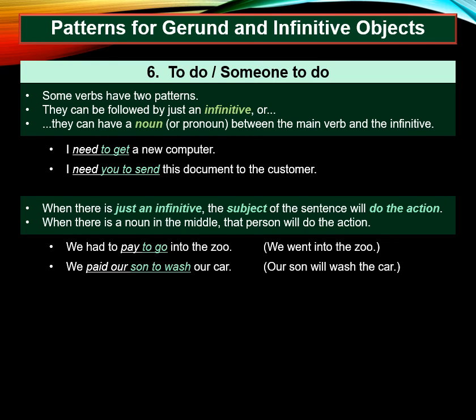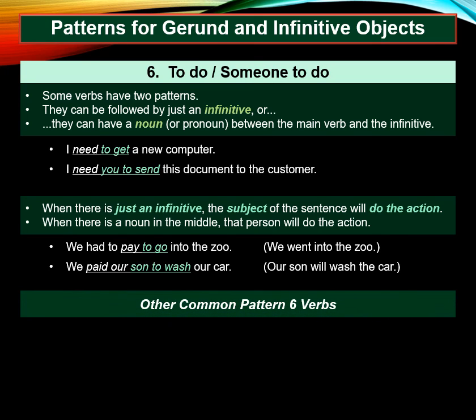We paid our son to wash the car. We will pay our son. He will wash the car. Other common pattern 6 verbs: ask, choose, expect, want, and would.